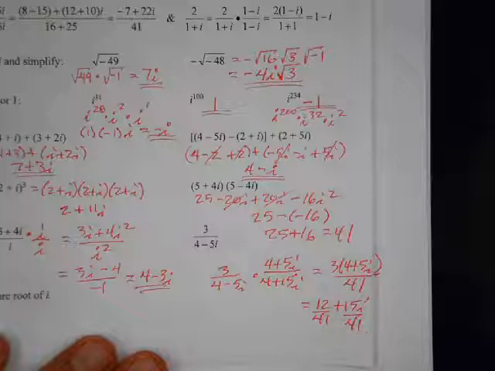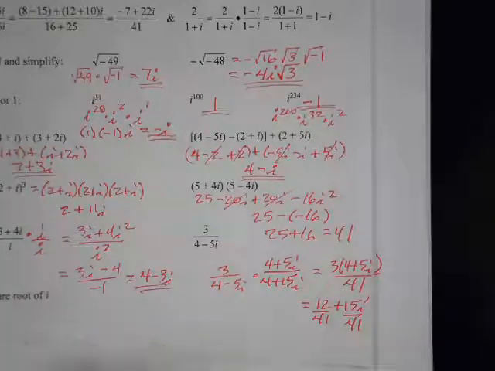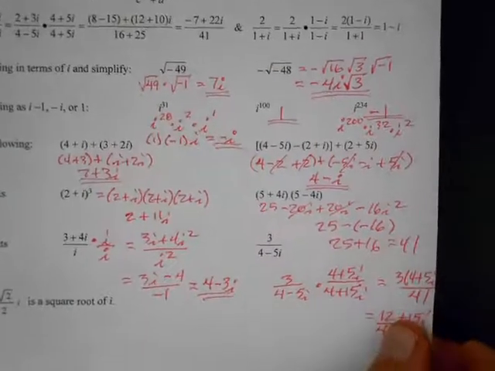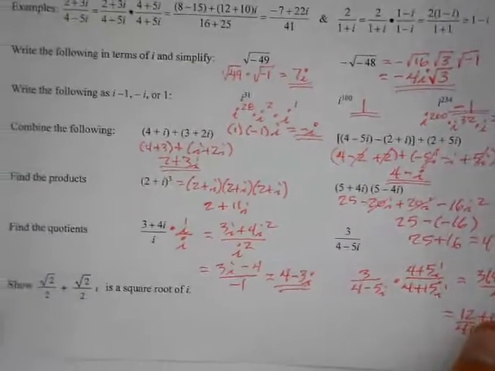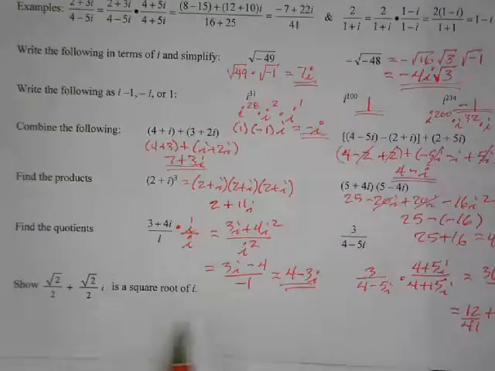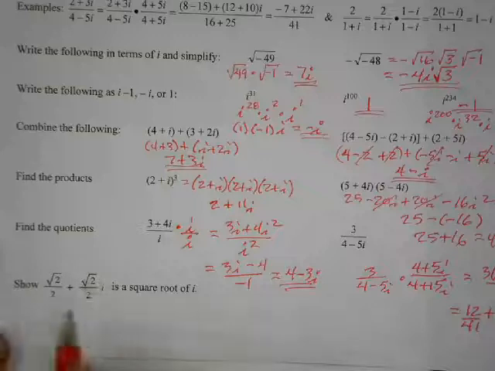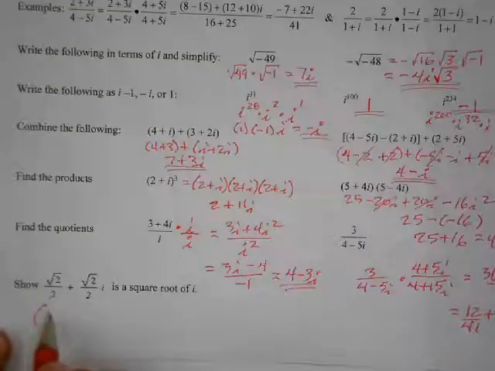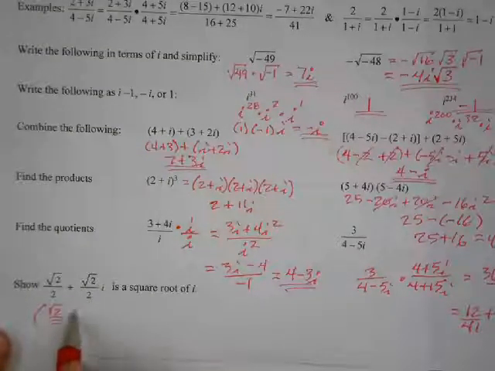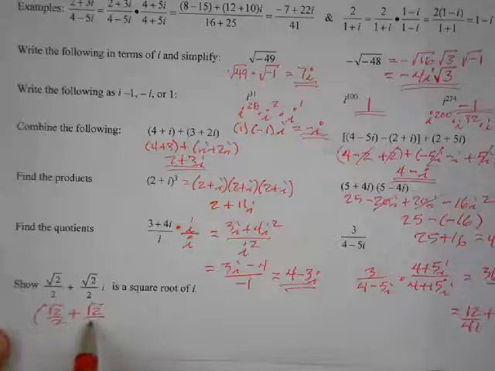All right, in this last one, it says show that this is a square root of i. Well, what that means is if it's a square root of i, then this should be true.